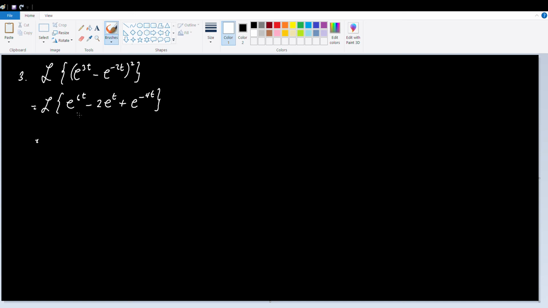Alright, so the Laplace transform of e to the 6t is 1 over s minus 6, minus 2 times the Laplace transform of e to the t, which is 1 over s minus 1, plus the Laplace transform of e to the negative 4t, which is 1 over s minus negative 4, or s plus 4. Okay? If you want, you can simplify this by combining these three fractions.